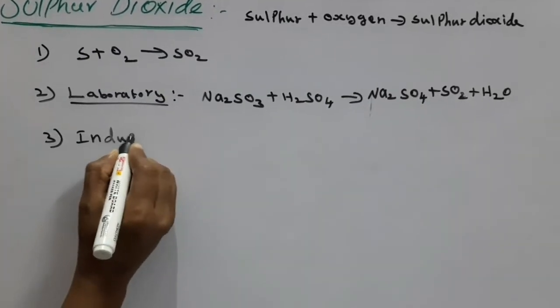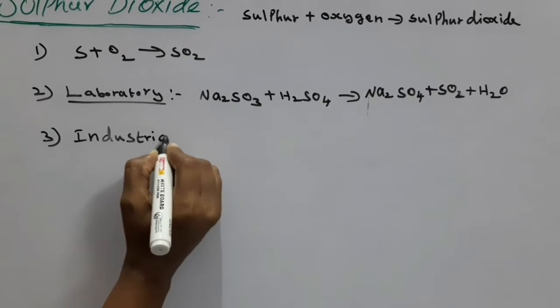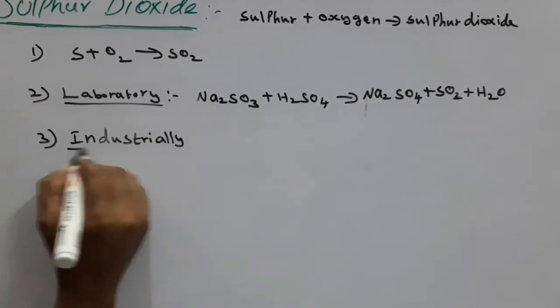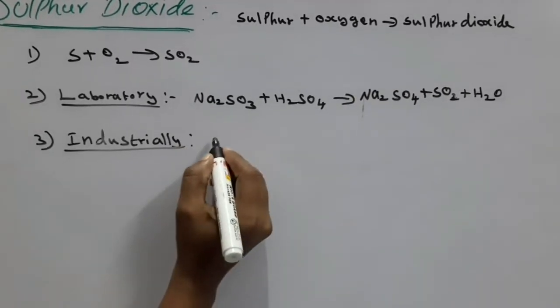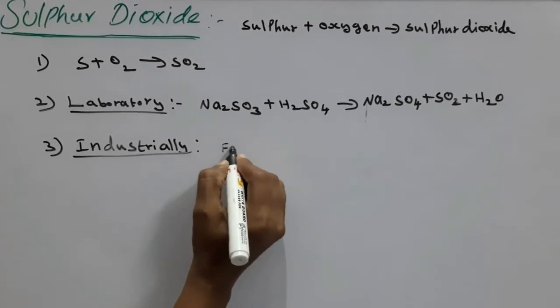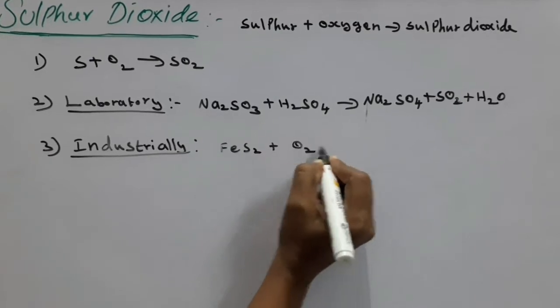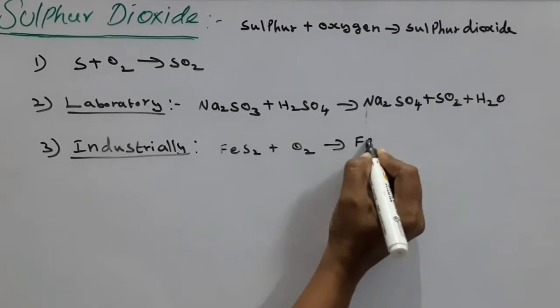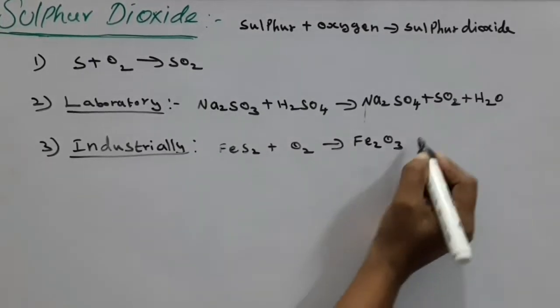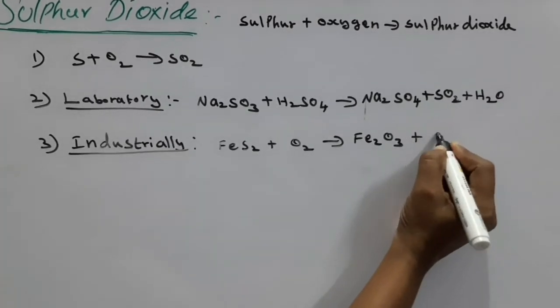Industrially, how is sulfur dioxide prepared? Iron sulfide, FeS2, reacts with oxygen to form Fe2O3, iron oxide, plus SO2.